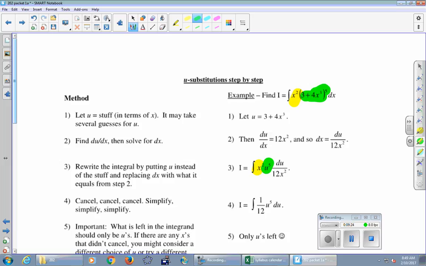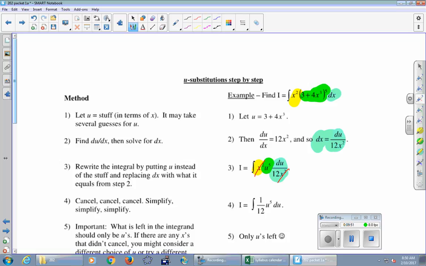And then the dx, in this case, is du over 12x squared, right? And then we cross our fingers that the x's disappear. If the x's don't all disappear, then this technique didn't work. Doesn't mean we made a mistake, it just means we need a new technique. So in this case, the x squareds cancel, right? And we just get integral of u to the 5th du over 12, and that's easy. That's just a power rule.